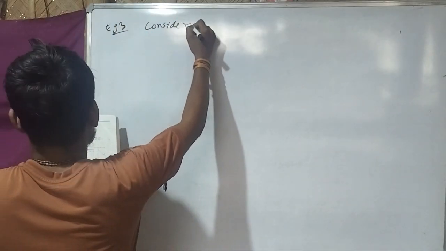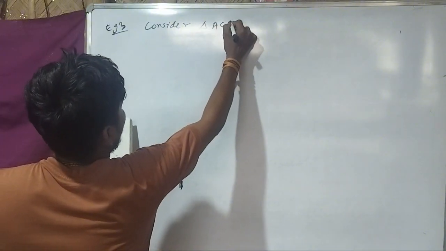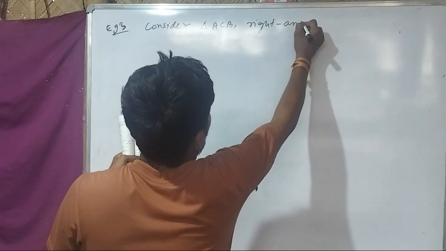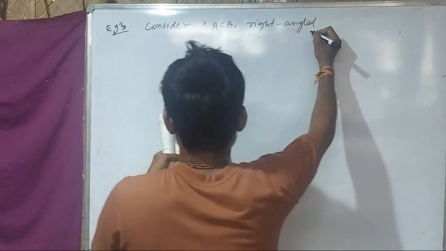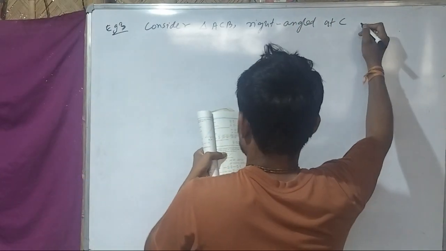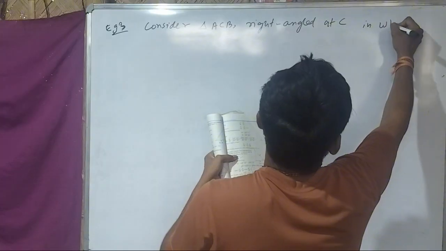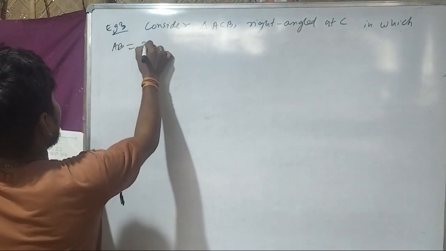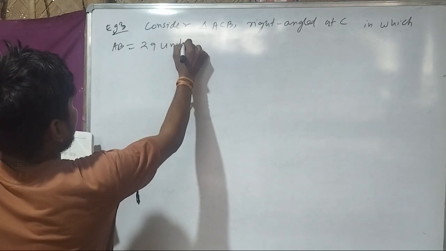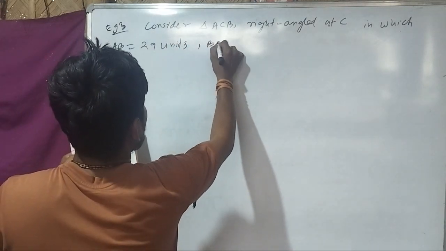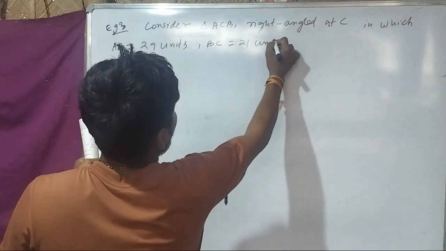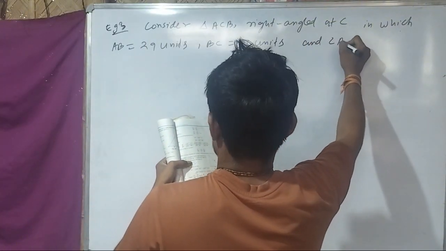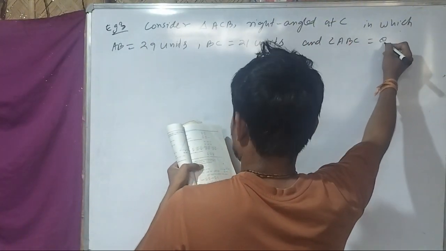Consider triangle ACB right angled at C, in which AB equal to 29 units, BC equal to 21 units, and angle ABC equal to theta.